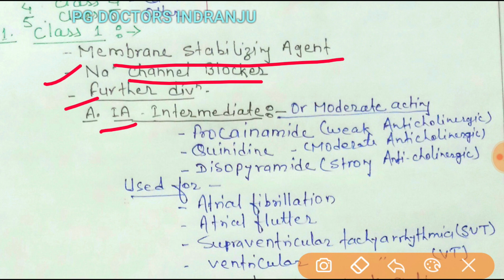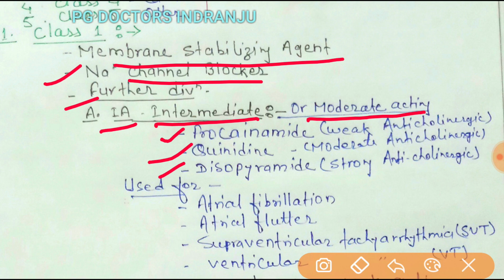Class 1A acts moderately, so it is named moderate or intermediate acting sodium channel blocker. The drugs are procainamide, quinidine, and disopyramide.